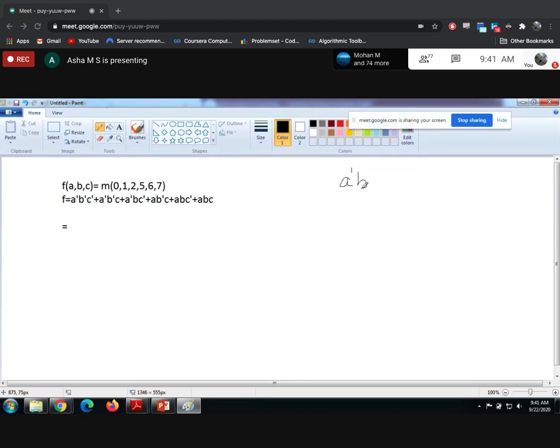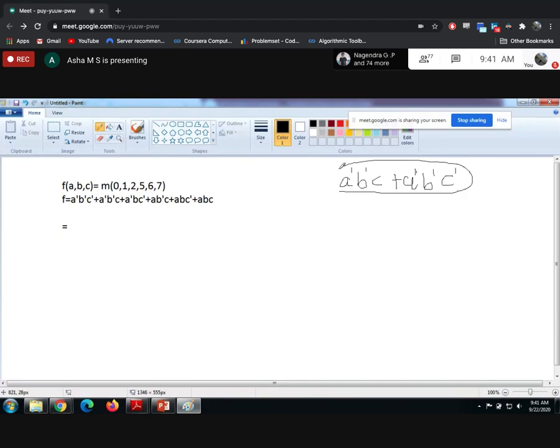a bar, b bar, c plus a bar, b bar, c bar, like this. When you compare these two products, two variables are common. A bar, b bar is common. So what you are going to do? You take these two terms as common.